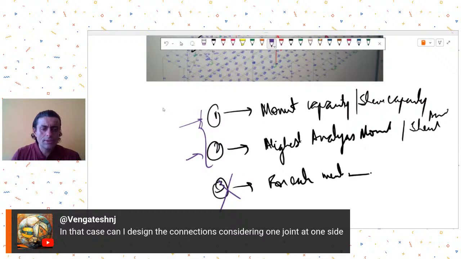Mr. Venkatesh is saying, in that case, can I design the connections considering one joint at one side? Question not understood. One joint one side means?